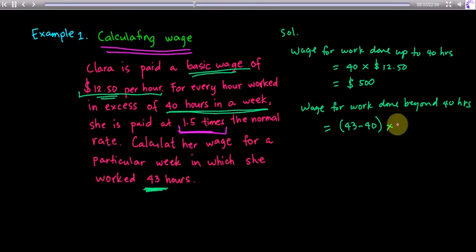The normal rate is $12.50. So 3 times 1.5 times 12.50 results to $56.25. This is only for the work done beyond 40 hours.